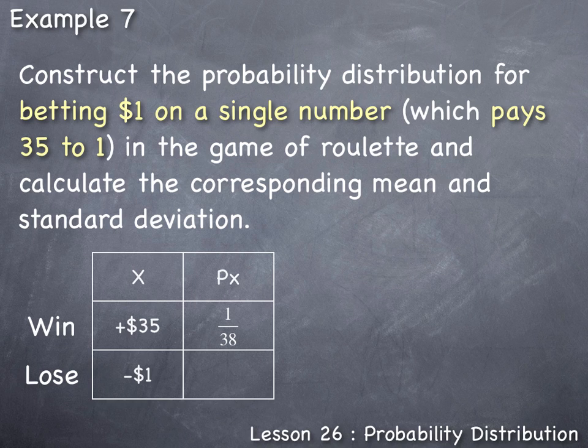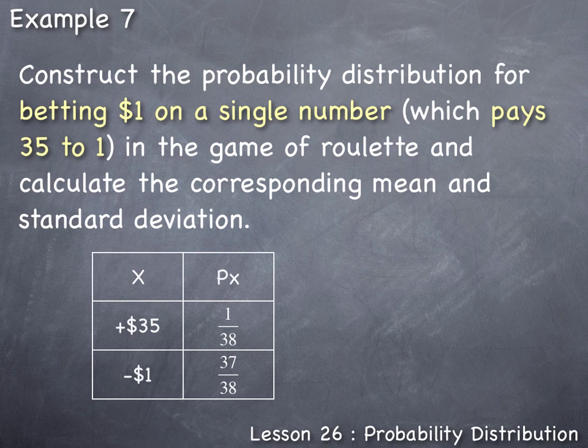Now the probability that we lose the bet is the remaining 37 out of 38 slots. Because if the marble randomly lands in any of the other slots that we didn't bet on, we would lose. So 37 out of 38 ways of losing and only 1 out of 38 ways of winning. So here we have the corresponding probability distribution for betting $1 on a single number in the game of roulette.